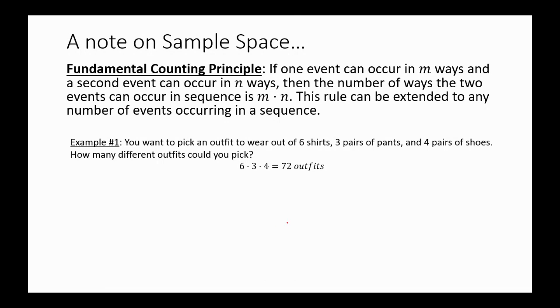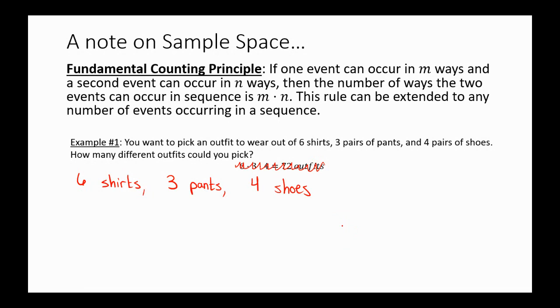Well, let's write down what we know. How many shirts do we have? 6. So I'm going to pretend that this isn't here, even though I know y'all have the answer there, but let's pretend it's not there. So we've got 6 shirts. How many pairs of pants do we have? 3. I'm just going to say 3 pants. How many pairs of shoes? 4 pairs of shoes.